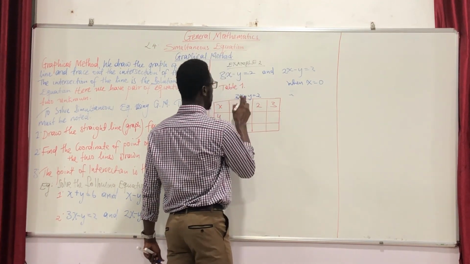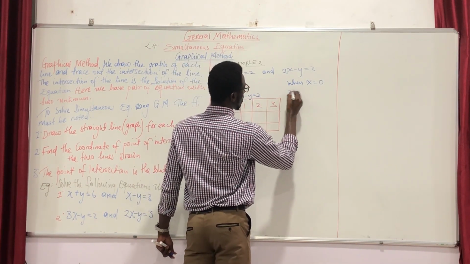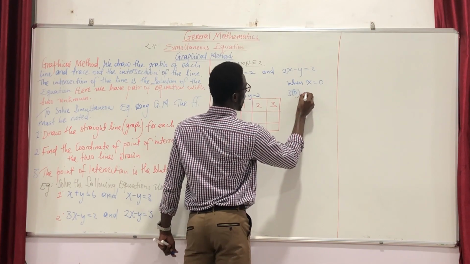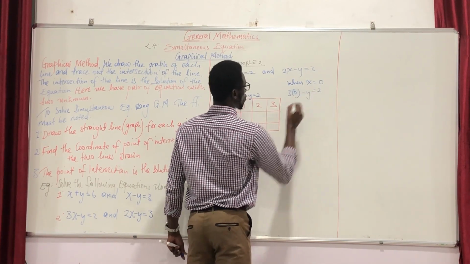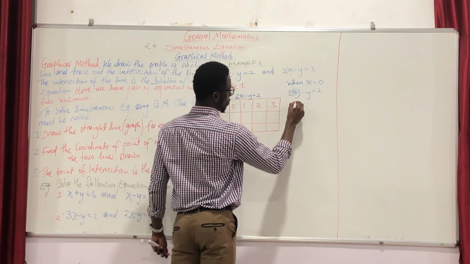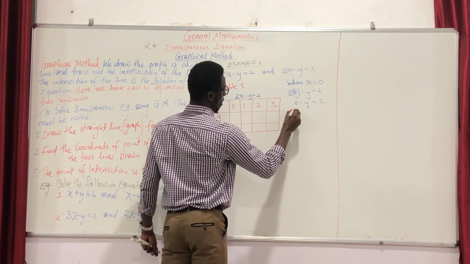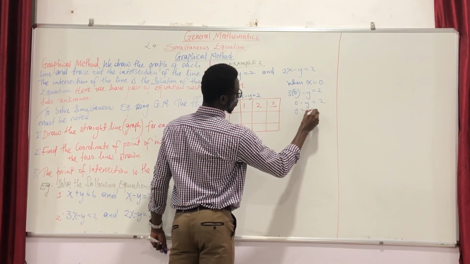Mind you, the equation is 3x minus y equals 2. So here we can say 3 into 0 minus y equals 2. This 3 times 0 is just 0. So 0 minus y equals 2. Therefore, our y equals minus 2.